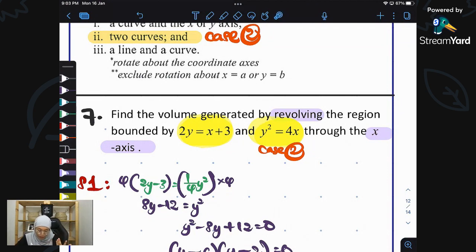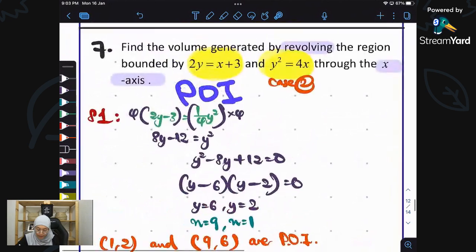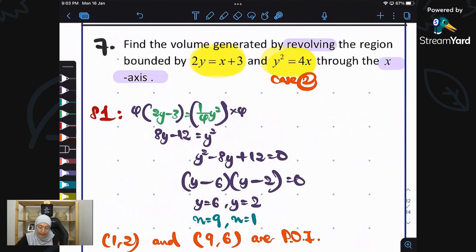Before we go to sketching the graph, we will need to find the point of intersection. I have ready for you all this. I have found the 2 points of intersection where I equal them both. Making x the subject, I get 2y minus 3.